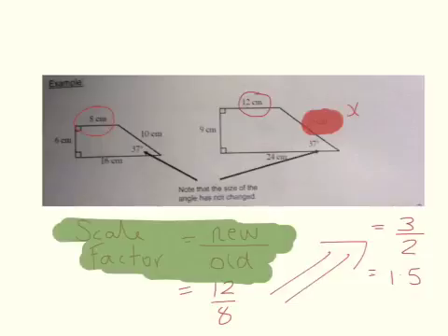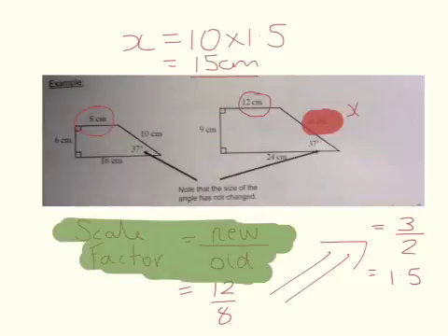To calculate it, we know that every side has been multiplied by 1.5 to get the corresponding side. So if we want to find the value of x, if we times 10 by 1.5, we will get the corresponding length of the side x. That is the general thinking of how this is going to work for similarity.